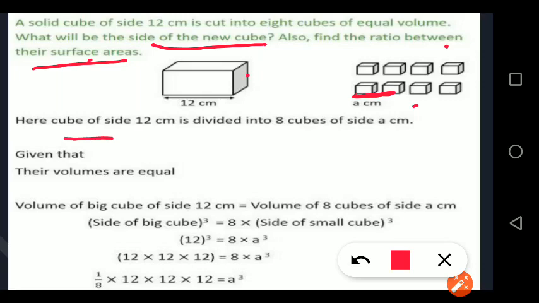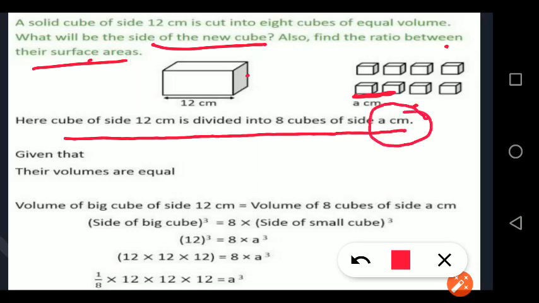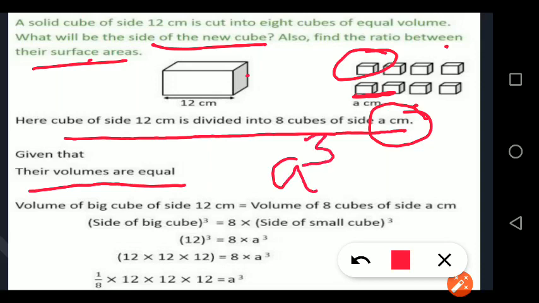So the cube is divided into how many cubes? 8 cubes. Let its side be a centimeter. Given also their volumes are equal. So what will be the volume of one small cube? a cube, correct. Then how many cubes are there? 8. So what will be its volume? 8a cube.